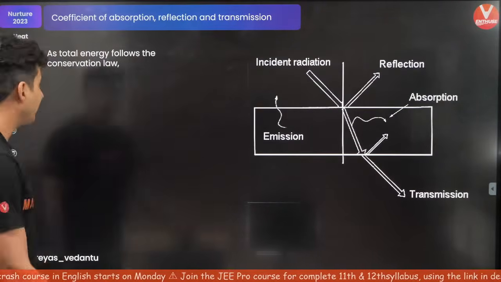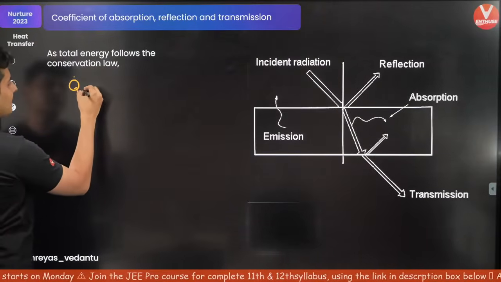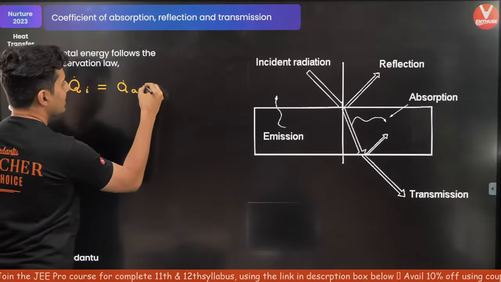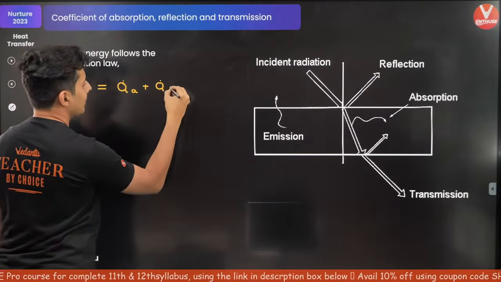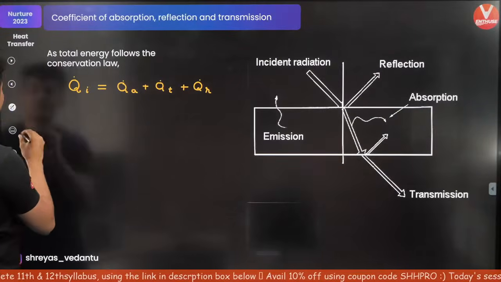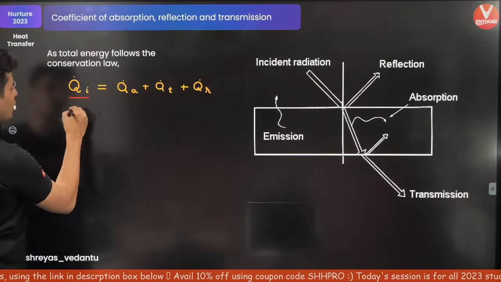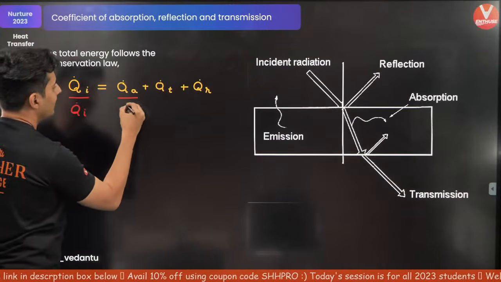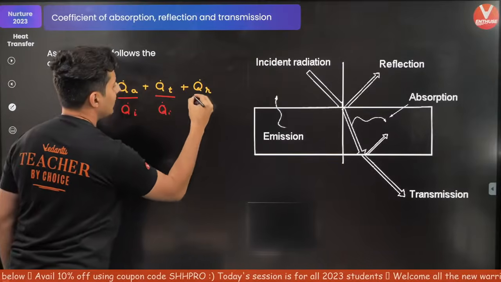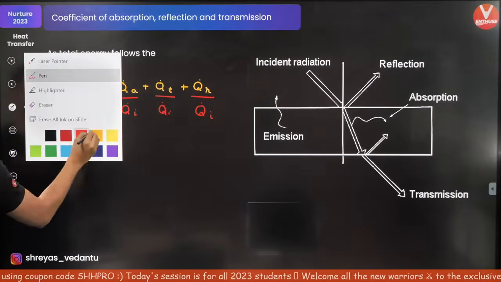So if you use the law of energy conservation, you will see the amount of energy which is incident will be distributed in something which is absorbed, something which is transmitted, and something which is reflected. Now if you divide the entire thing with Q dot I, incident energy per unit time, what am I going to get?